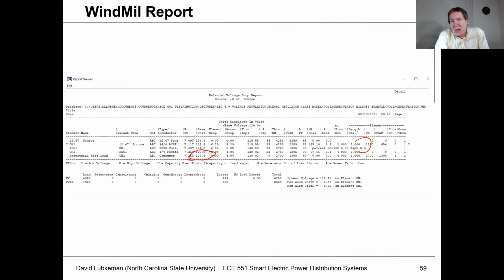And because it rounded up, the voltage at the load is actually a little bit higher. There's actually a setting you could use in MilSoft where you allow this to be a floating point number, but I just thought I'd leave it here as an integer so you could see what the difference would be between the two types of analysis. So you could see from this we get about the same analysis results using WindMil as we would have doing this by hand.